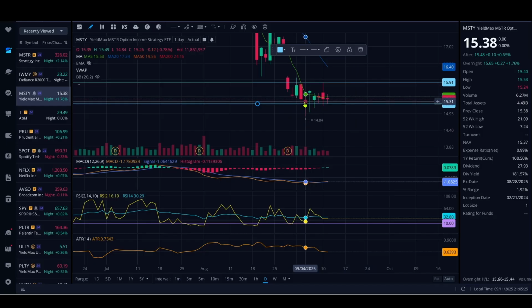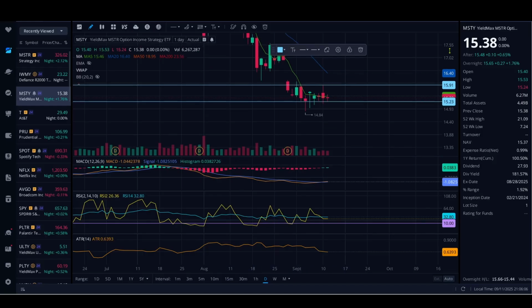It did stop and close here, and it has wanted to test this line, but yet has not closed below that line. So we're going to call this our support line. Well, you want to use the actual chart to find out what those resistances and support lines would be. Because if you use an adjusted chart, it could be skewed. Definitely if you're looking at anything further back past that distribution.